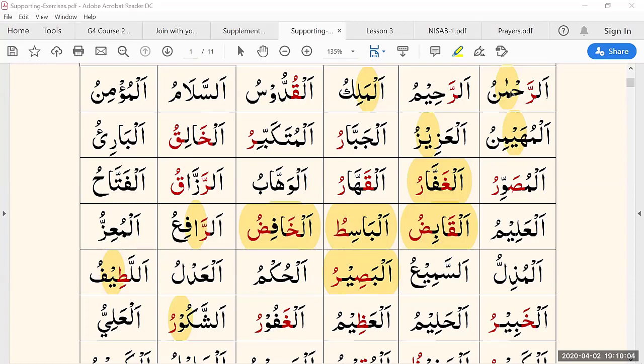Yes, the word ishbaya just means to stretch. The meaning of the word ishbaya is to stretch or stretching. And we stretch it for 2 seconds, 2 counts or beats.